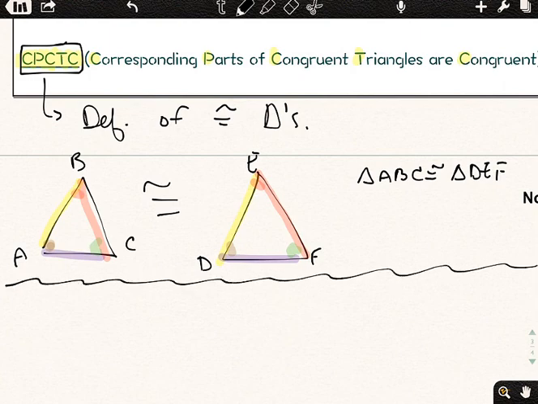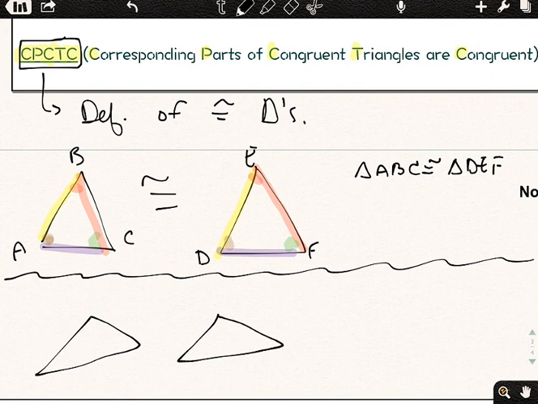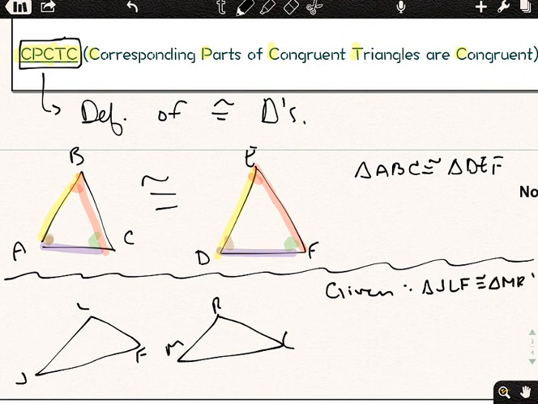So an example of how this might be used would be kind of like this. So let's say I had these two triangles. Okay? And let's say I know that triangle JLF is congruent to triangle MRC.